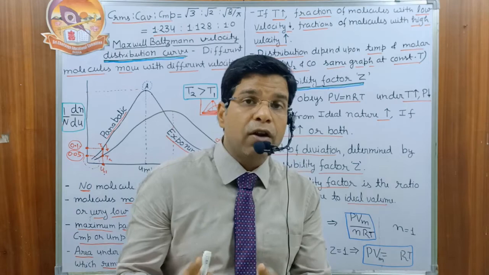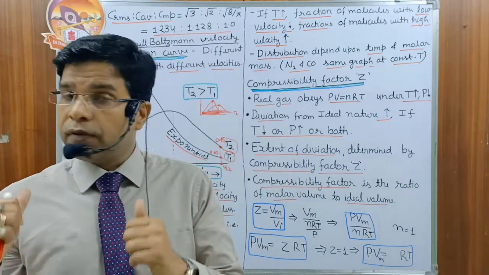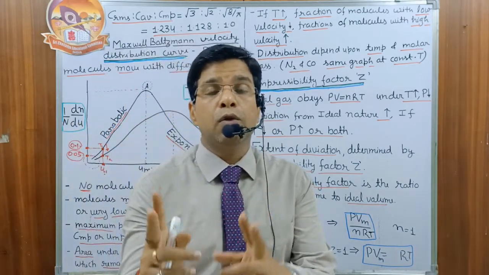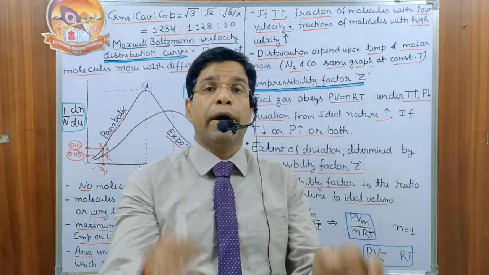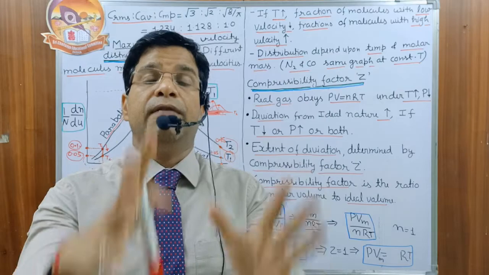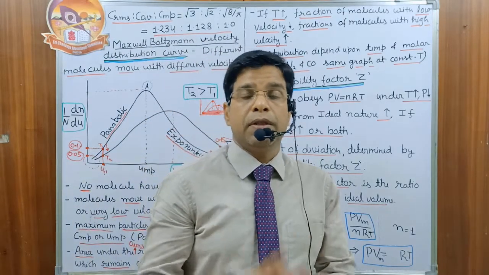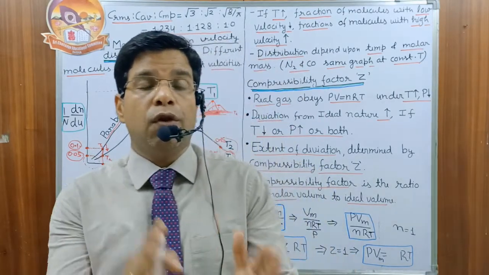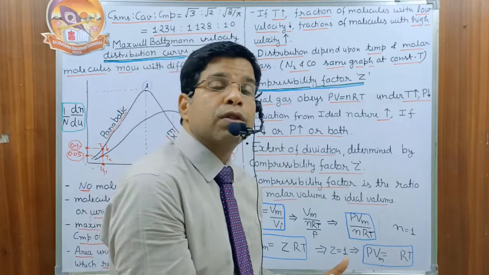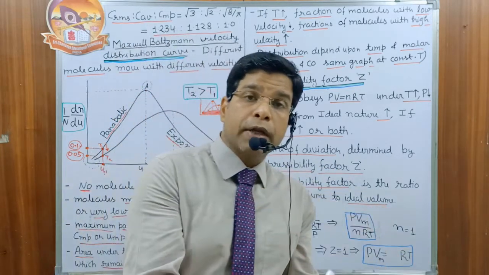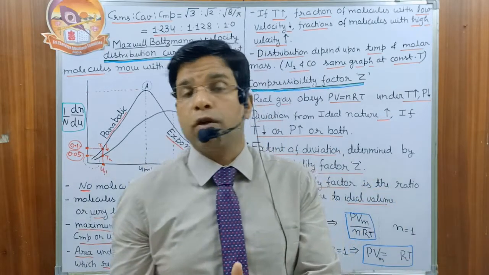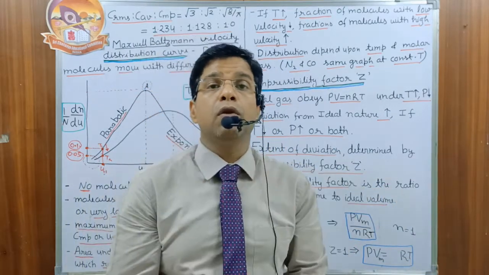And if I draw the same graph for the two gases, nitrogen and carbon monoxide, at the same temperature, then they provide exactly the same behavior of the graph. The graph has to be the same for gases like carbon monoxide and N2, or carbon dioxide and N2O. Carbon dioxide is 44 gram, N2O is also 44 gram.